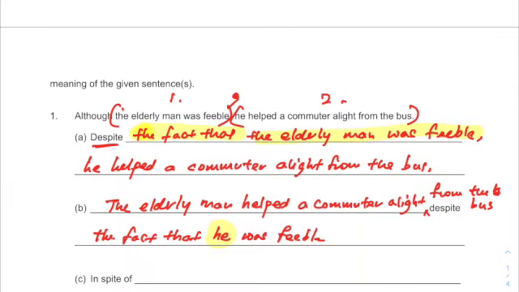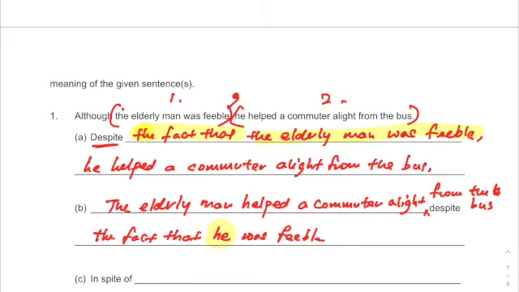All right, I hope that kind of clarifies it. So remember, whenever you have a connector, despite, the reason always follows it. And if the reason is in the front of the sentence, the subject should always be there.